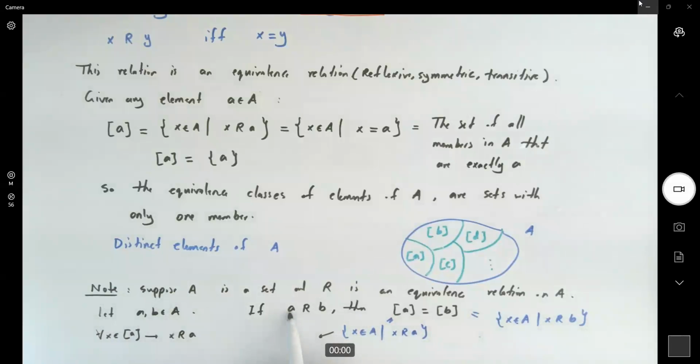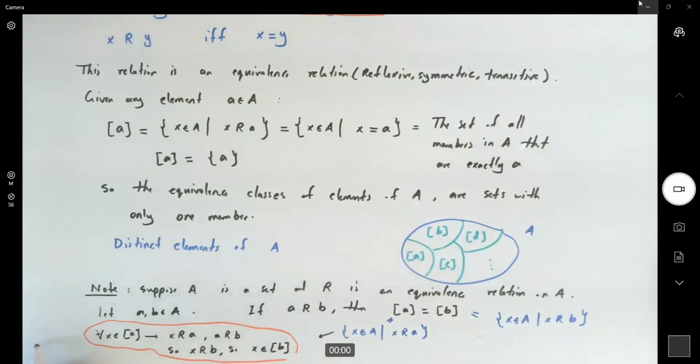At the same time, A is related to B. So X is related to B. So X belongs to the equivalence class of B. So the equivalence class of A is a subset of the equivalence class of B.